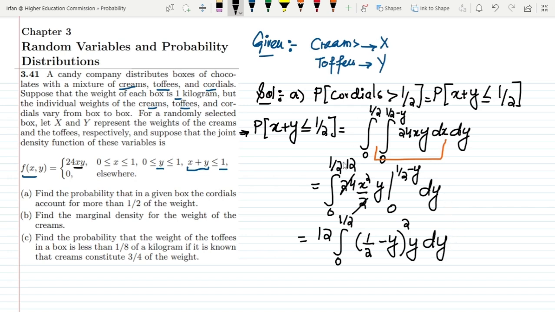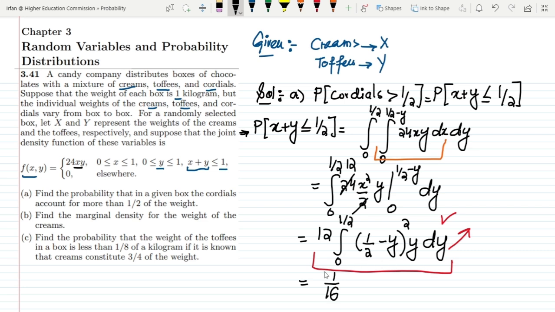This is the function we have got. Now after it, using integration by parts for this one, for dy, and at the end putting all the limits and all the values, the answer of it will be 1 over 16.